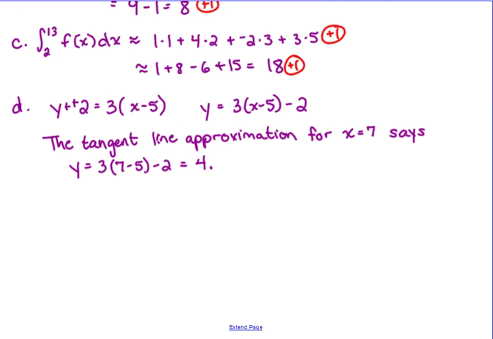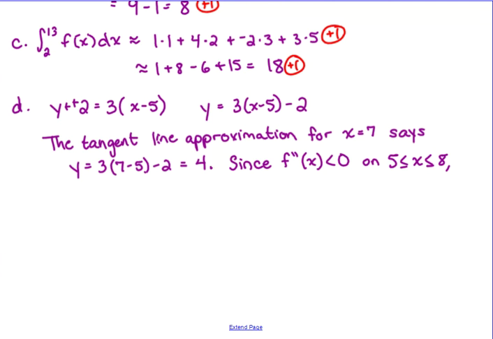But it's saying that f of 7 has to be less than or equal to 4. That's where that other piece of information comes from. Okay, since f double prime of x is less than 0 on the interval from 5 to 8, if our graph is concave down, the tangent line approximation is what?